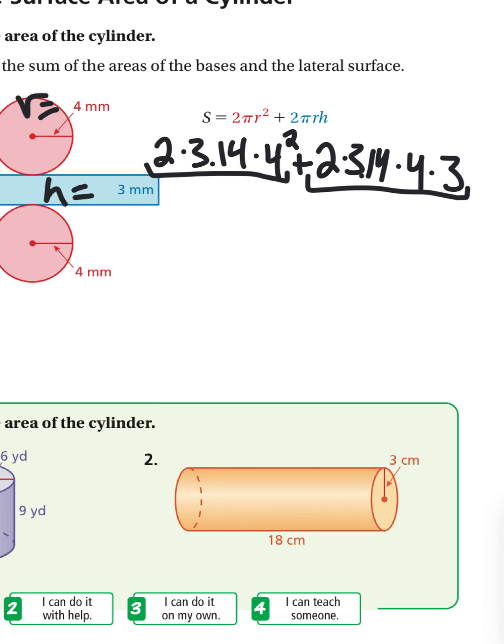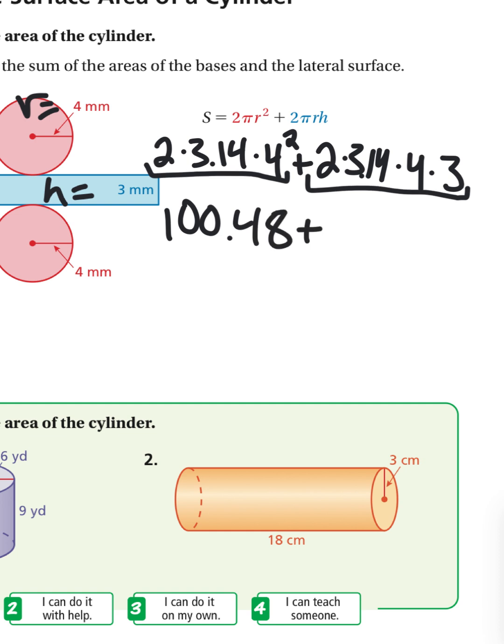You can do them all together in the calculator, but if you type one thing wrong, it's not going to measure it accurately. And it's easier to see what you typed when you do it in chunks. So we have 2 times 3.14 times 4 squared. That first number is 100.48.